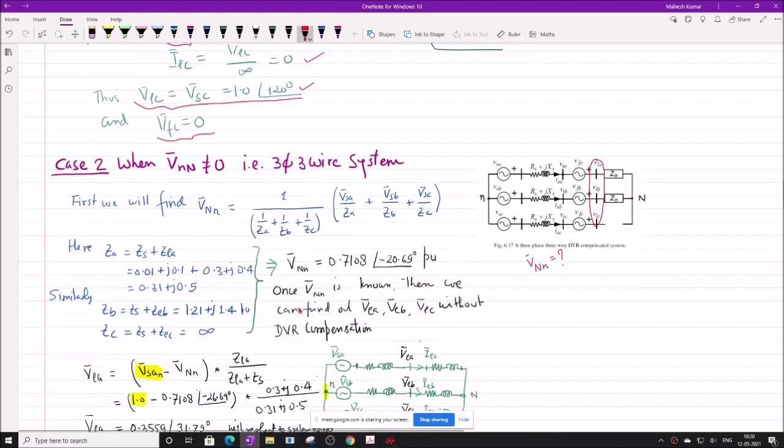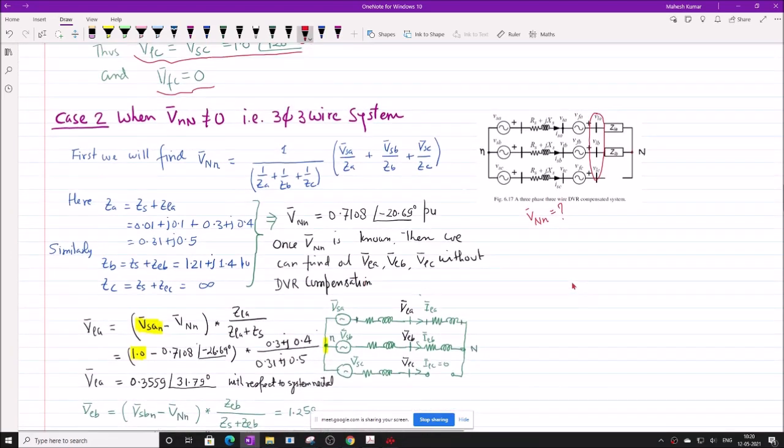Okay, so let us see. So VN'N is the load neutral voltage with respect to the system neutral. This is the system neutral, this is the load neutral. So VN'N equals 1 by (1/ZA plus 1/ZB plus 1/ZC) into (VSA by ZA plus VSB by ZB plus VSC by ZC).